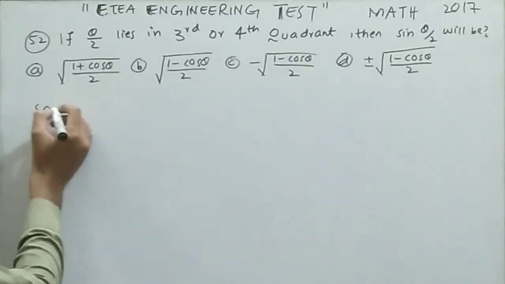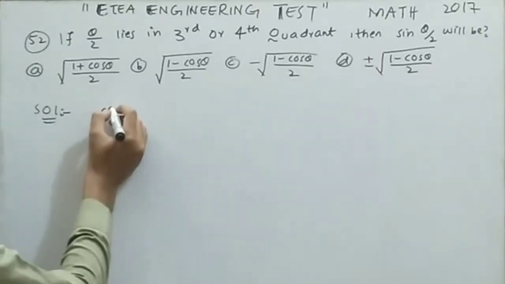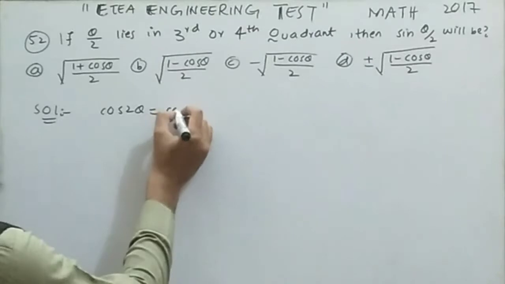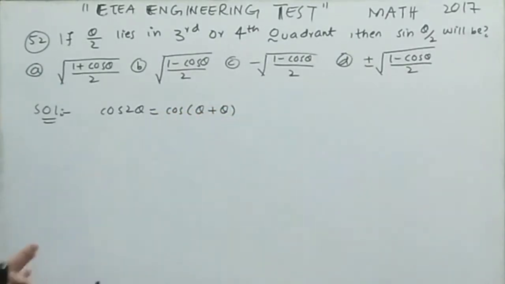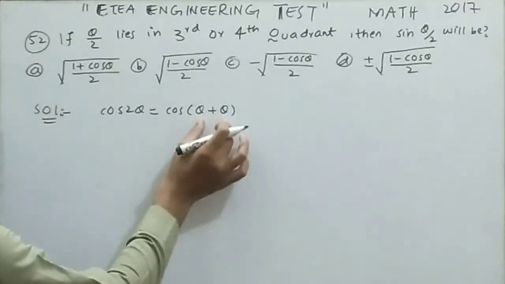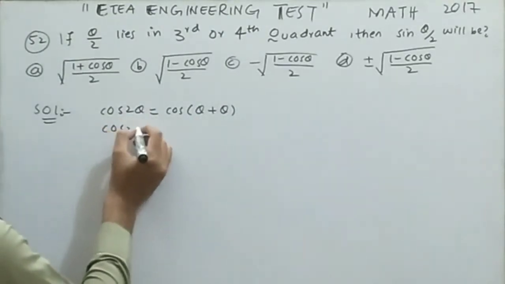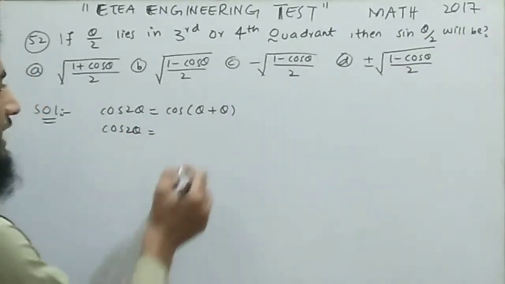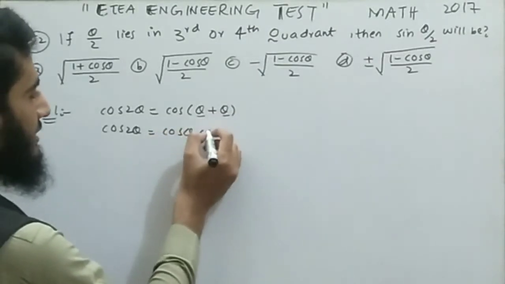First we are going to find the value of sin theta by 2. You know that cos of 2 theta, you can write it as cos of theta plus theta, because theta plus theta again gives us 2 theta. Now you also know the working of cos: it takes both values first, so it becomes cos theta and cos theta.